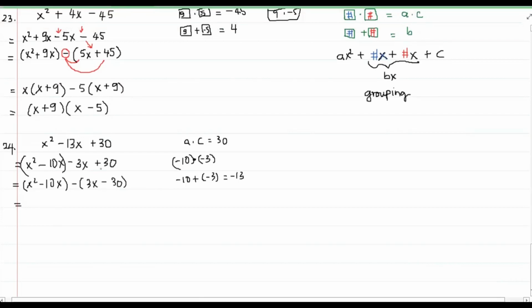The same method. So when you take out the negative, it looks like this: negative 3x plus 30. When you take the negative 1 out, you will have negative 1 times 3x minus 30. And because the negative 1 is in front, we just write negative 3x minus 30.